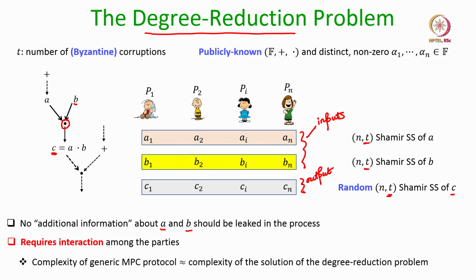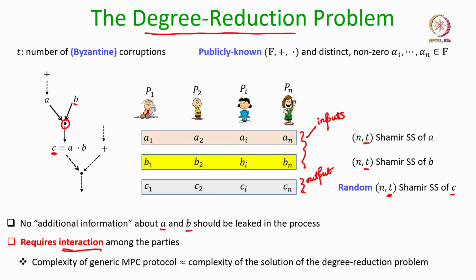And to solve this degree reduction problem, we require interaction among the parties. This degree reduction problem cannot be solved non-interactively, unlike the evaluation of linear gates in the circuit.